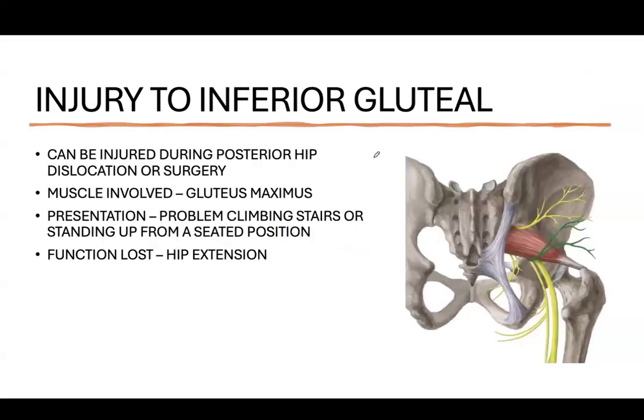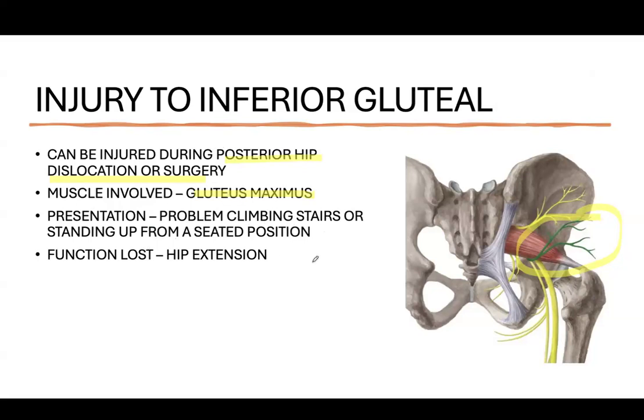Now we have inferior gluteal, just like we have superior gluteal. So this is the inferior gluteal nerve over here. And it can also be injured the same way because it's in very close proximity to the superior gluteal, really. The muscle involved would be the gluteus maximus muscle. And how the person would present would be a problem climbing stairs or standing up from a seated position. And why is this?